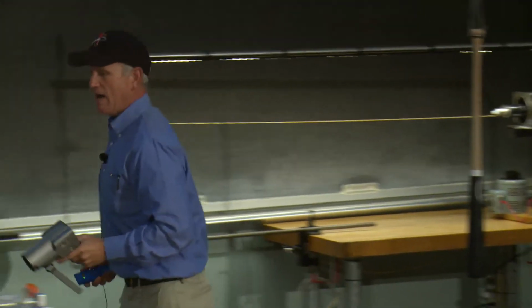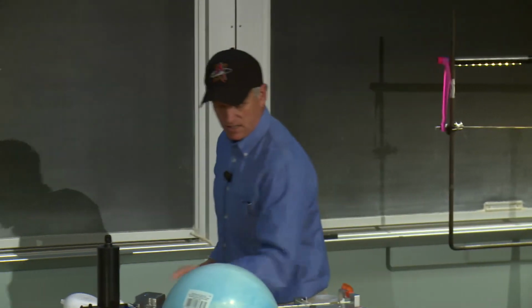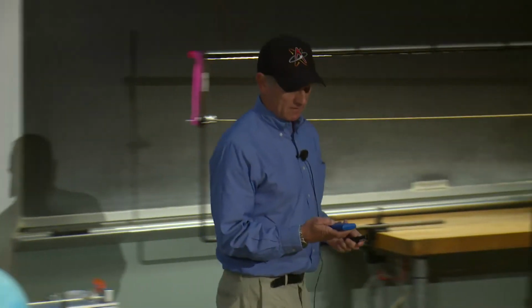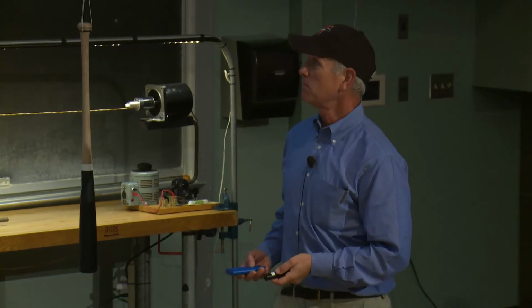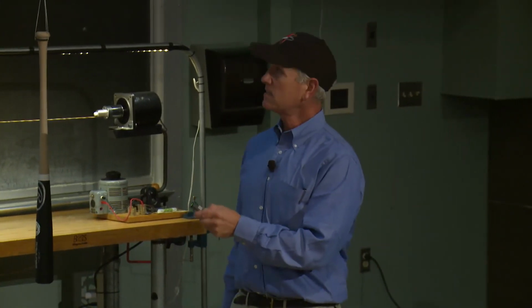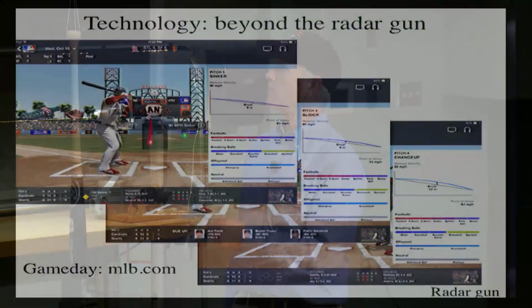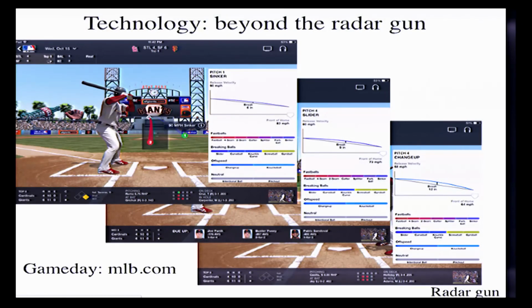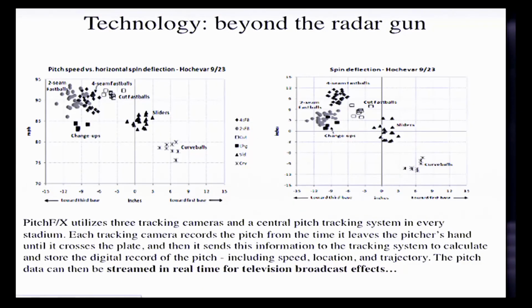But I'm very interested in how technology is changing the game and the coaching. And it turns out, if you want to answer that question, it's mostly the scouting that uses this technology. This data is purchased by the teams. This is set up in every major league park, and so they can do that.